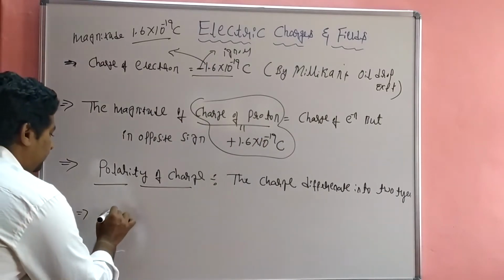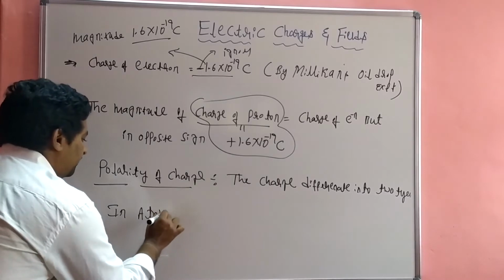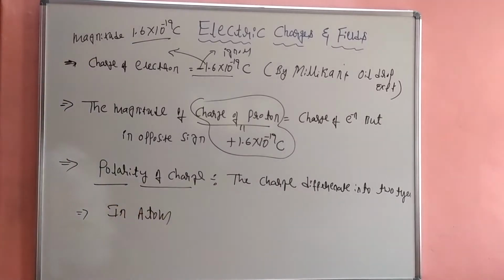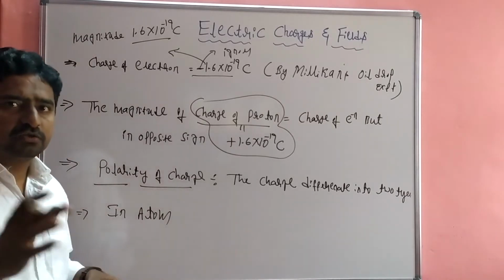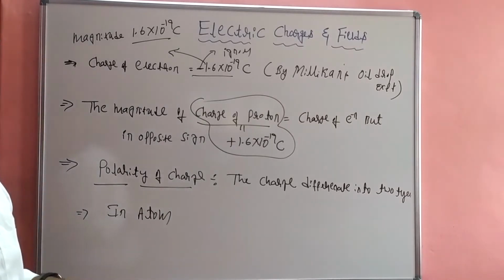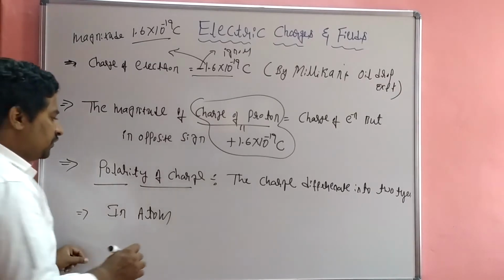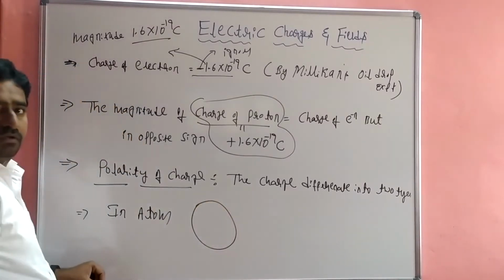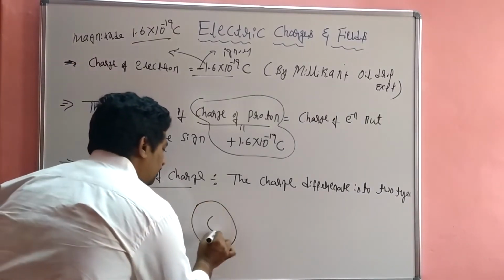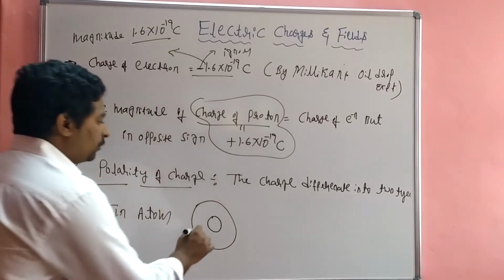So let's see in the atom. You know very well about the atom from the lower section, and you also studied the chemistry structure of atom in the first year. The atom is mainly consisting of the center core, called the nucleus.